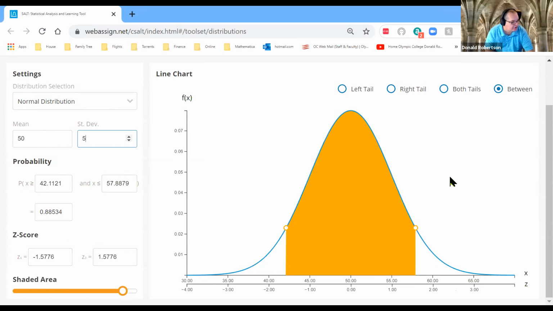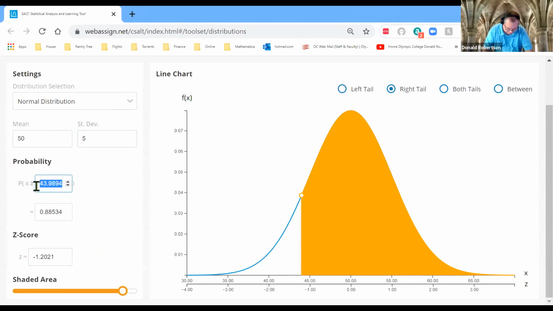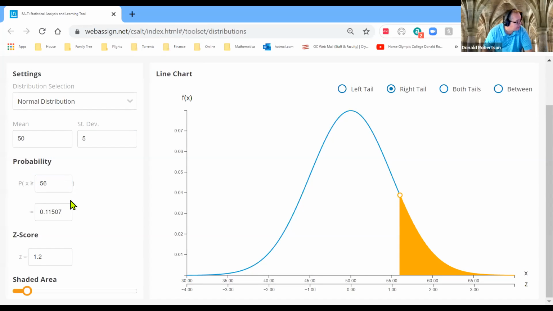Which one of these do you use for greater than? Right tail. Agreed. Now, once you've done that, can't you rub this number out and put in 56? And isn't there a little picture to visualize, so you know it's the right direction? And the answer here is about 0.12.